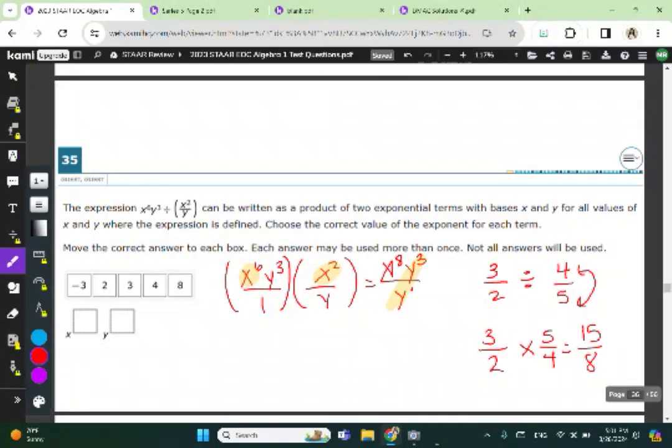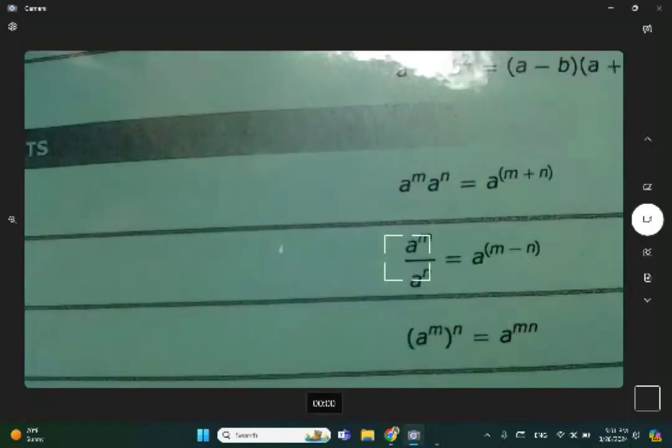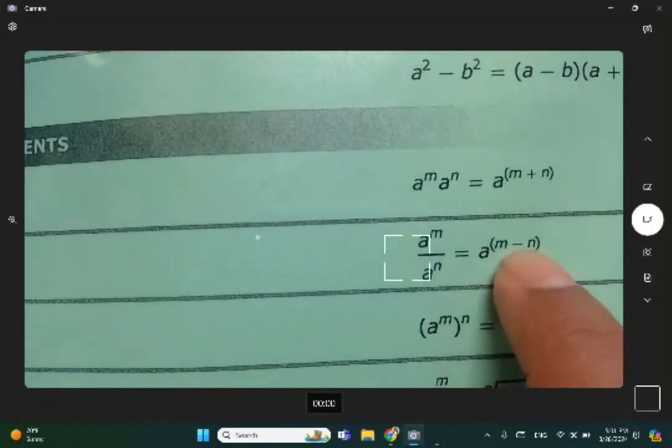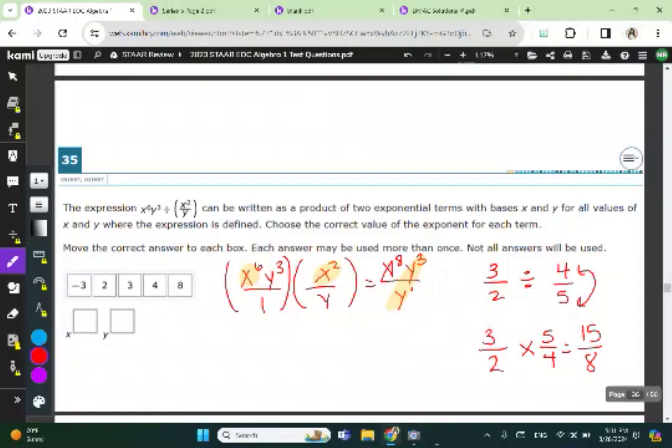When you have the laws of exponents, the quotient rule tells us when we're dividing 2 powers, you're going to subtract the exponents. So that's what I'm going to do with the y's. 3 minus 1 is 2. And we get x to the power of 8, y to the power of 2.